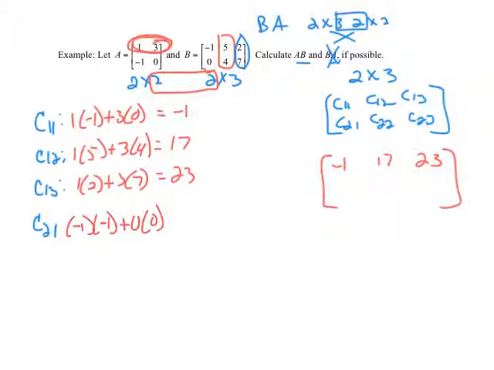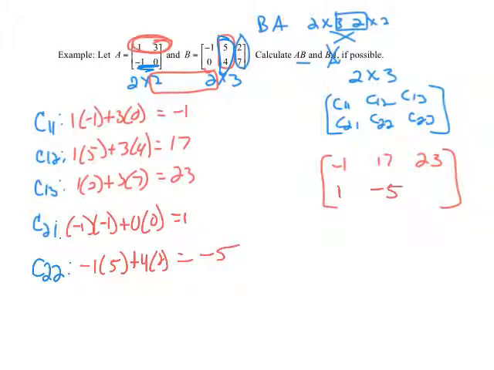So that's going to be +1. I'm going to fill them in right there. C22, if you look at it, you can see second row, second column. So that's going to be -1 times 5 plus 4 times 0. So that's going to be -5. And then finally, C23 is second row, third column. That's going to be -1 times 2 plus 0 times 7. It ends up being -2. So you might want to watch this again. It takes a while to get it down. We're going to practice it in class, but after a couple days, you should be able to do this just fine.